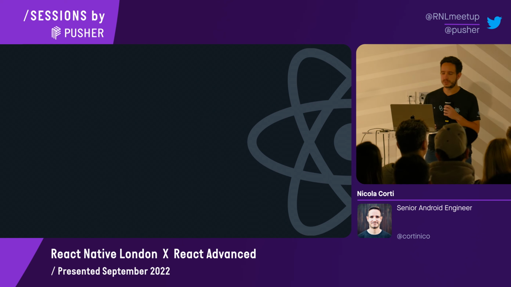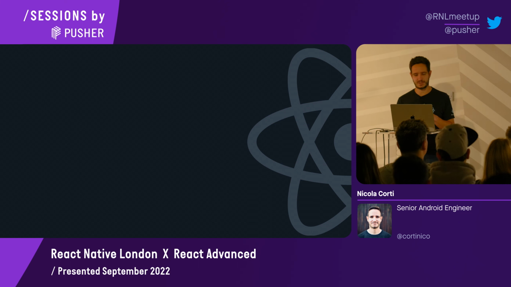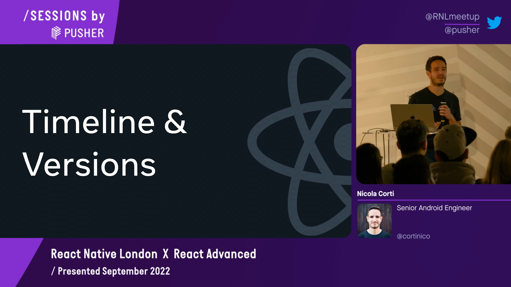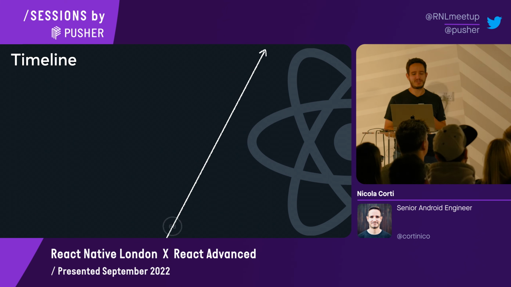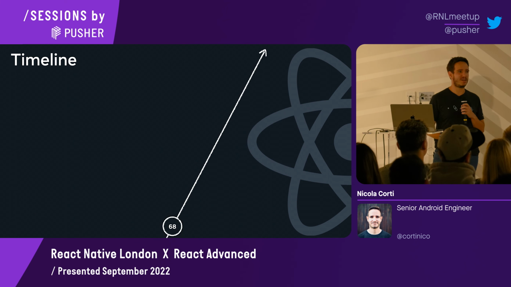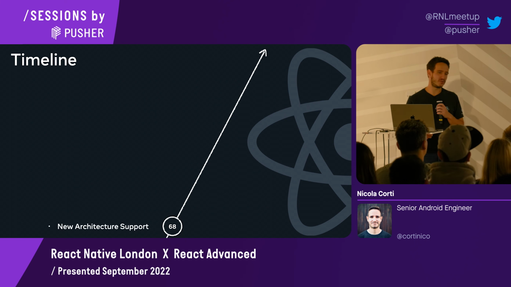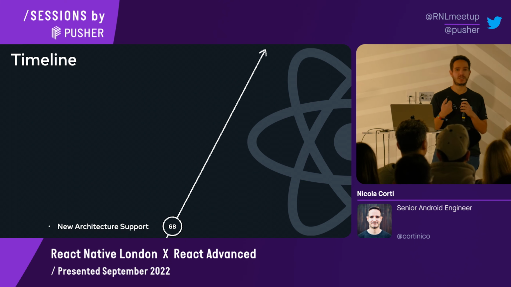And now, I talked a lot about the changes we have, but I want to become a little bit concrete here and tell you about the timeline, like when things are happening. Early this year, we released React Native 0.68. This was the first version that we consider new architecture capable.